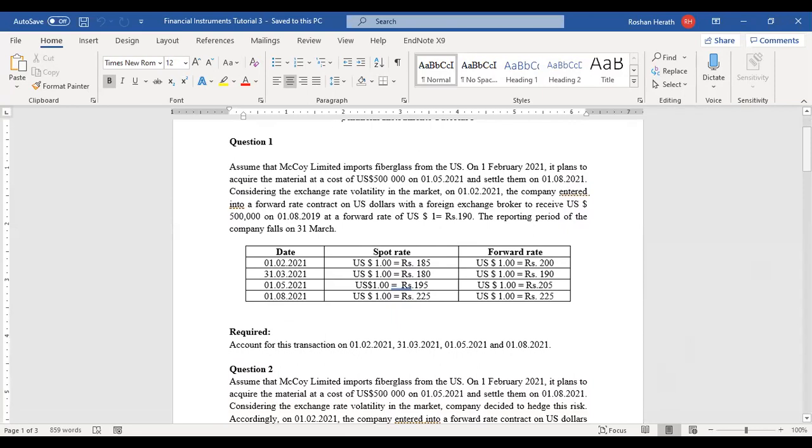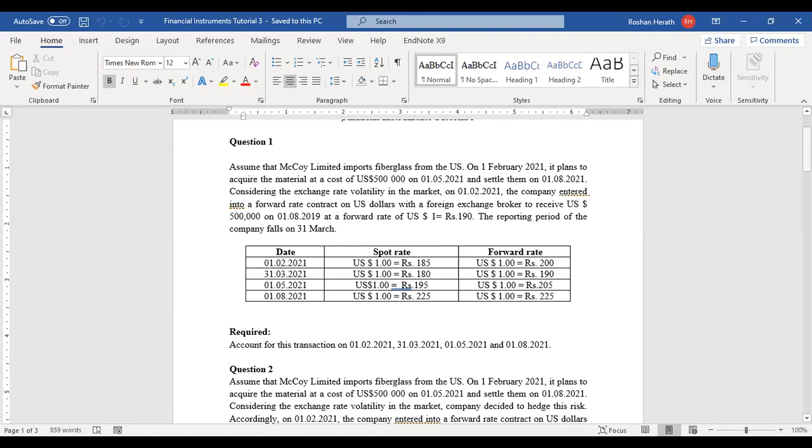Assume that McCoy Limited imports fiberglass from the US. On 1st of February 2021, it plans to acquire the materials at a cost of US dollars 500,000 on 1st of May 2021.